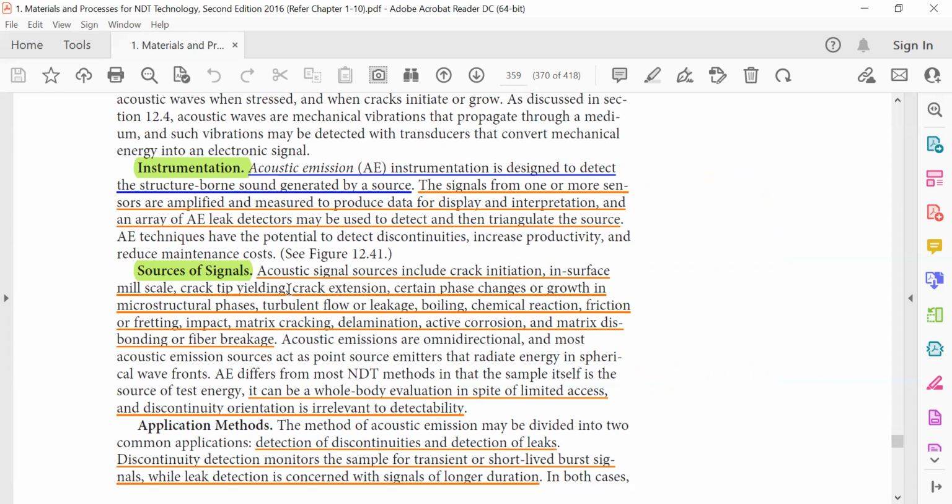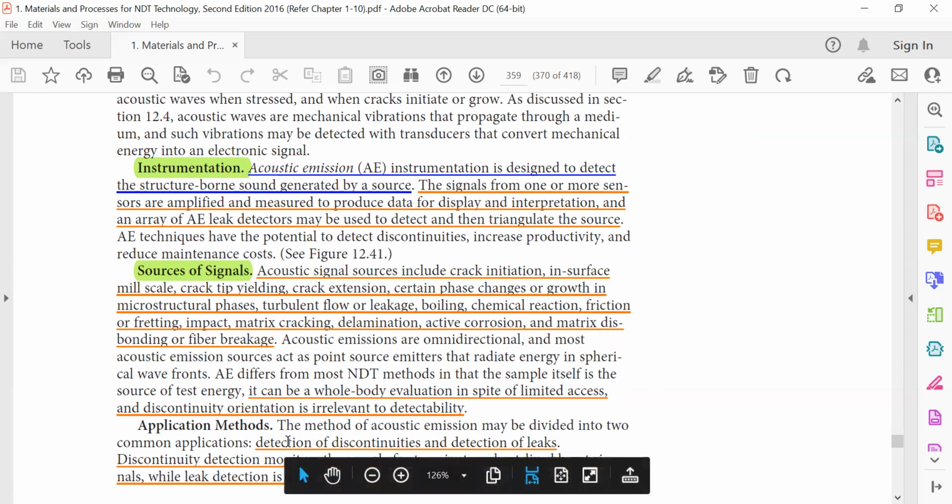Sources of signals: acoustic signal sources include crack initiation in surface mill scale, crack tip welding, crack extension, certain phase changes or growth in the microstructural phase, turbulent flow or leakage, boiling, chemical reaction, friction or fretting, impact, matrix cracking, delamination, active corrosion, matrix disbonding, and fiber breakage.